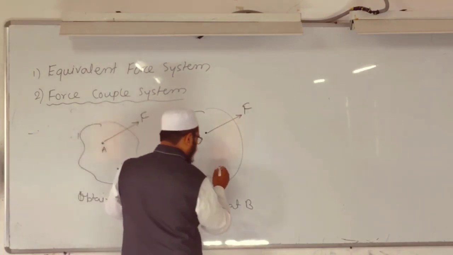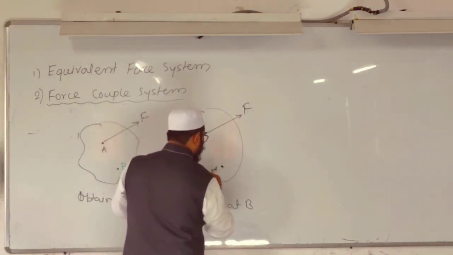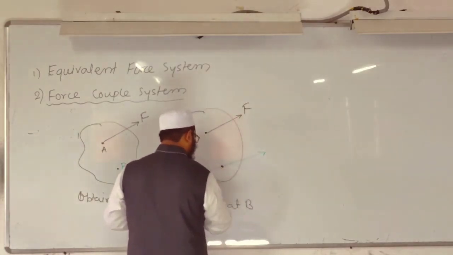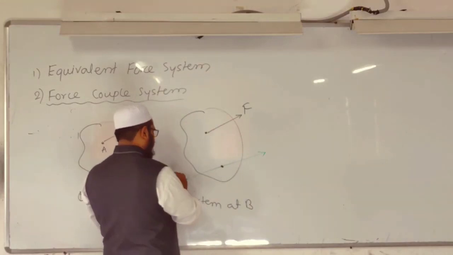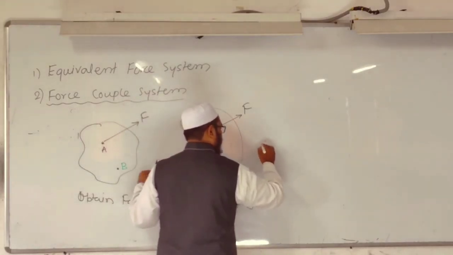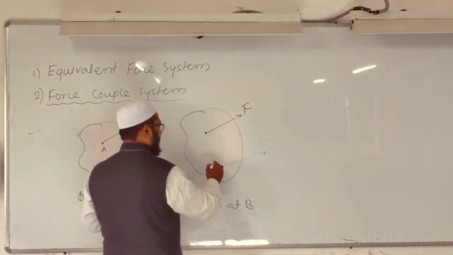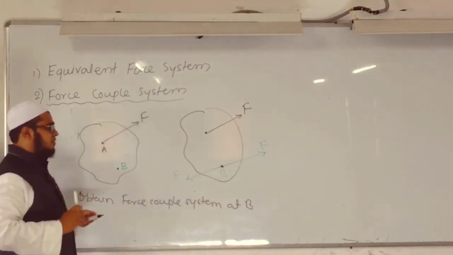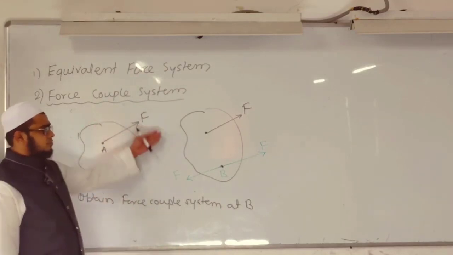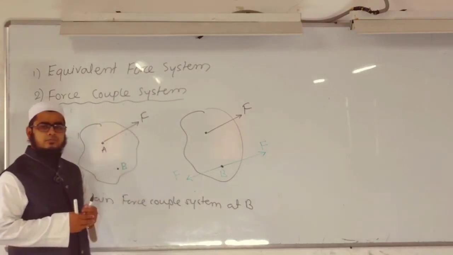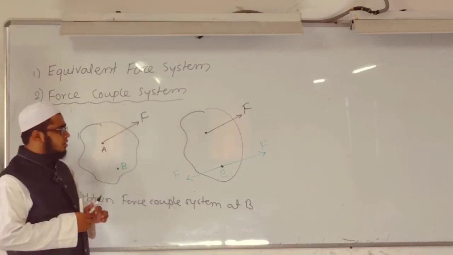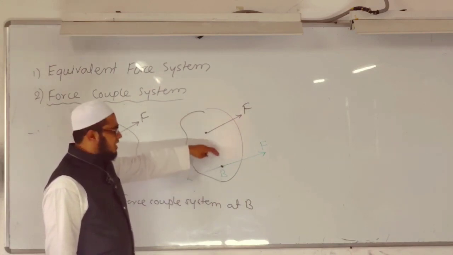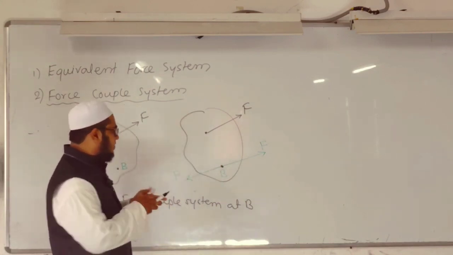At point B, I will add two forces parallel to force F, equal in magnitude but cancelling each other. There is no change in the force system because at point B both forces are cancelling each other.